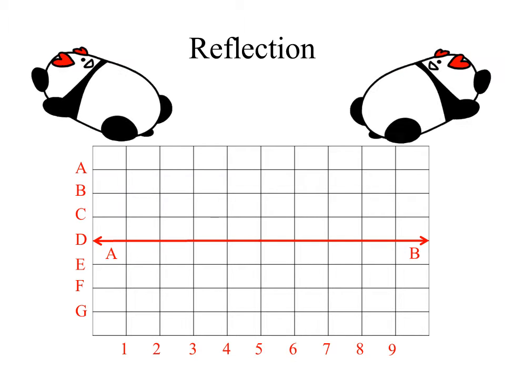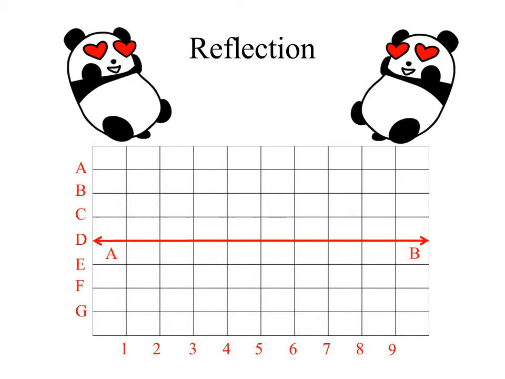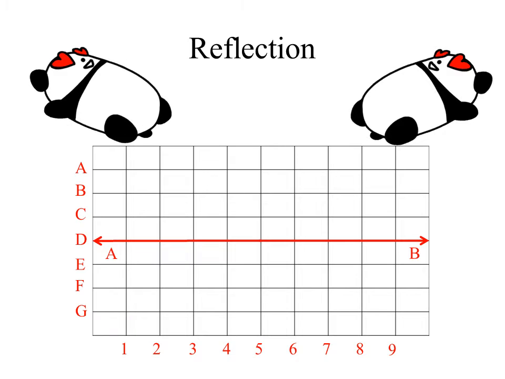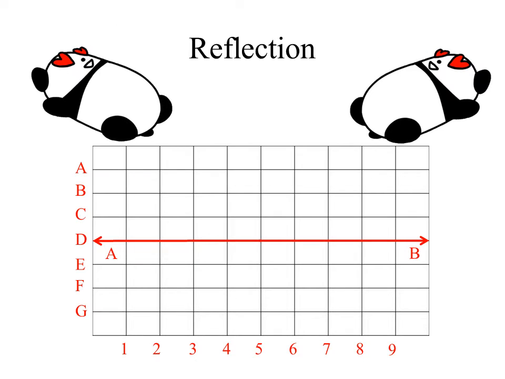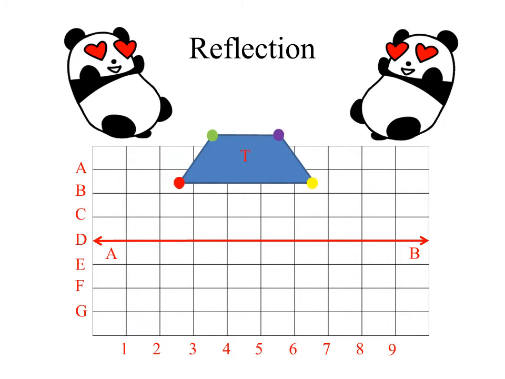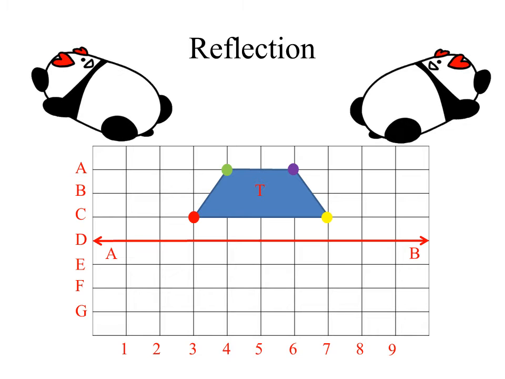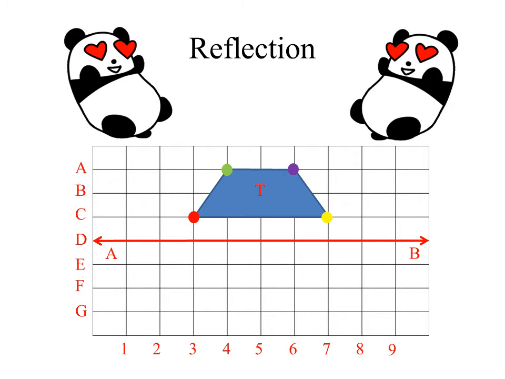Next one. Here we've got, again, a grid. Our axis of reflection is horizontal. Again, it's AB there. And we've got some cute little panda bears. Let's look at our object here. We've got a rhombus. We've got 4 points.